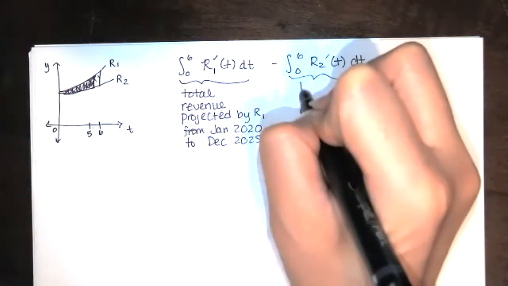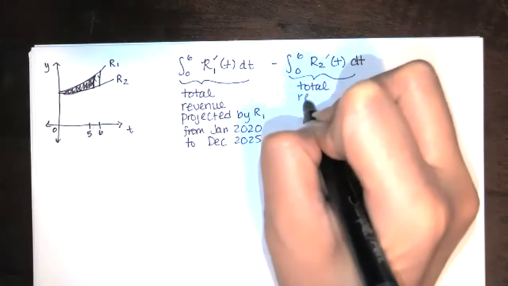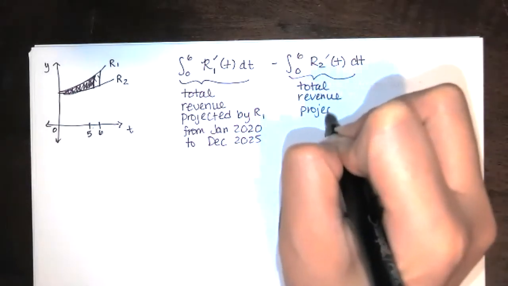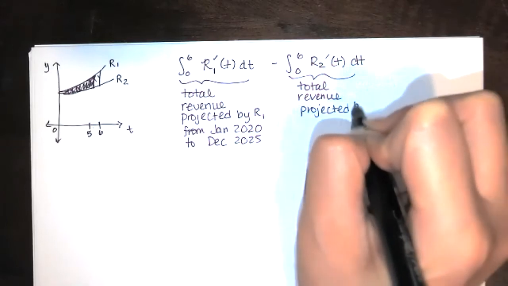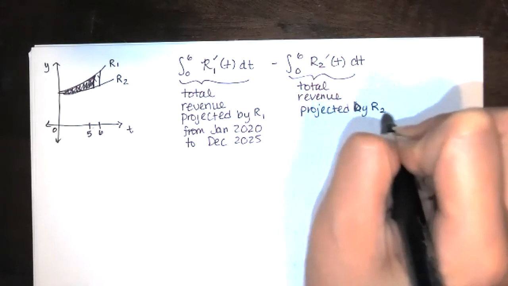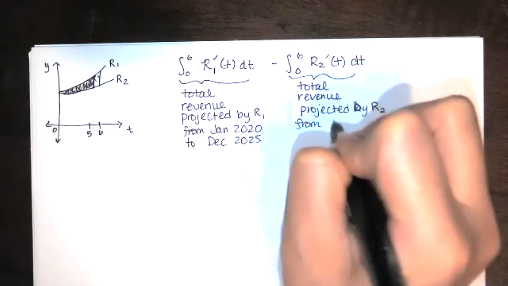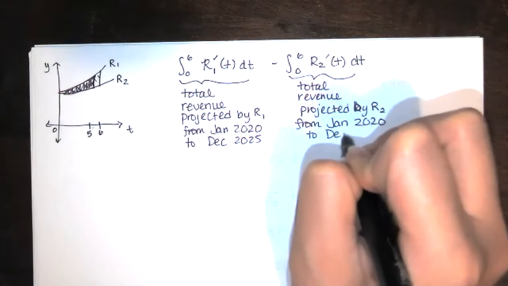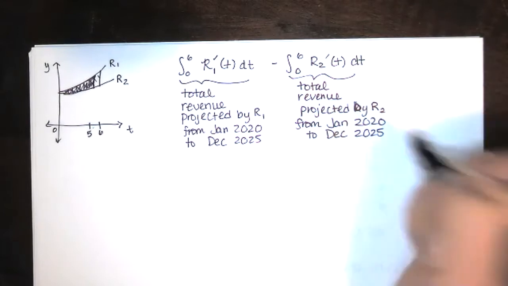And this one is the total revenue projected by R sub 2, from January of 2020 to December of 2025.